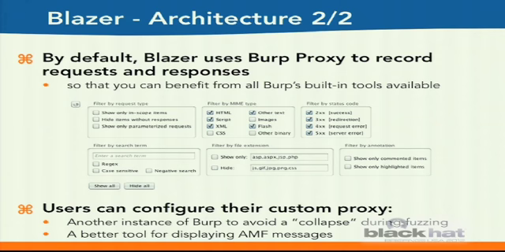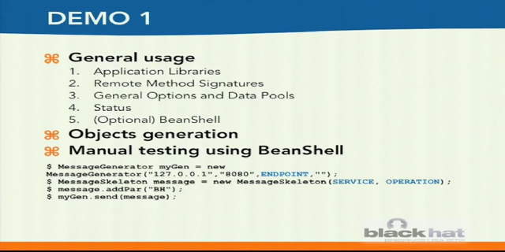So it's probably suggested to have 2 instances of Burp, or whatever other proxy, so that you can actually dump everything while fuzzing and testing. Or in addition, you may have a better tool for displaying AMF messages, a better representation than the tree representation you have in Burp or in other tools.